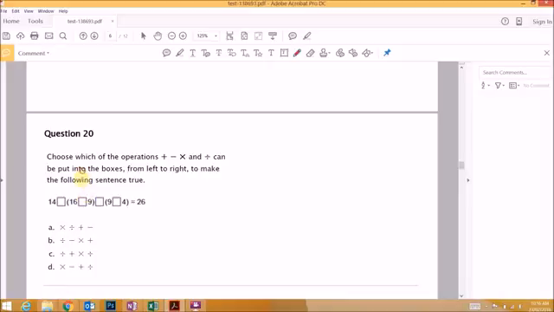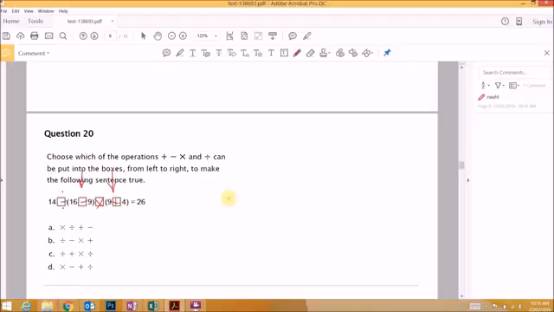I reckon that's going to be a plus or a minus, and I reckon that's going to be a plus or a minus. So let's have a look to see if there's any pluses or minuses. B is, so let's try B. So divided by, minus, times, plus.